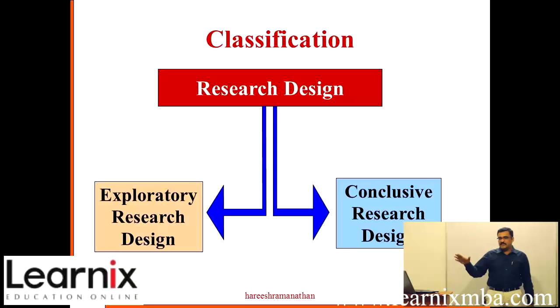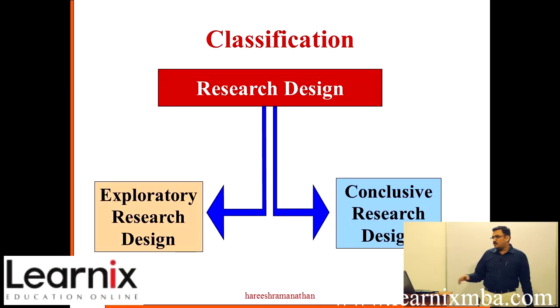Now if you look at the slide, research design is broadly classified into two categories. The first one is exploratory research design and the other one is conclusive research design. Exploratory research design, as I have already explained, is going to explore something. So we have two very broad classifications, one on the exploratory side and another on the conclusive side.